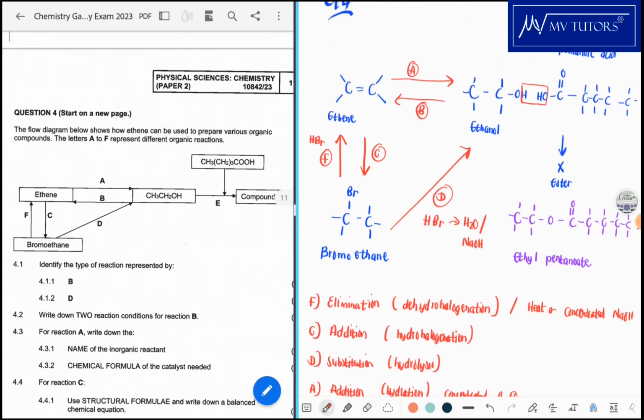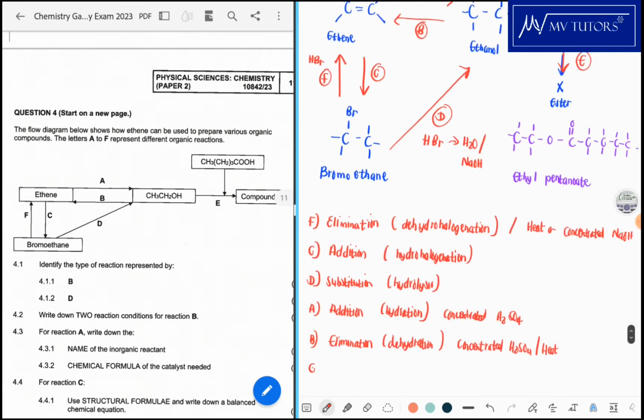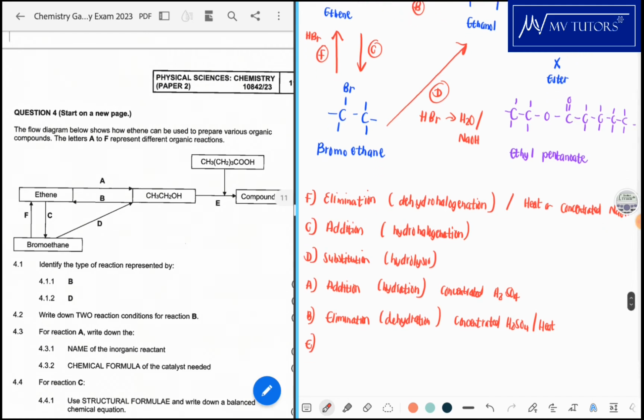Alrighty, so there where we are forming an ester, we have E. And basically E, we can say it is esterification. Okay, but if you want to get all technical, esterification is easy to remember because you can see that an ester has been formed. So esterification, or you could say it is condensation.